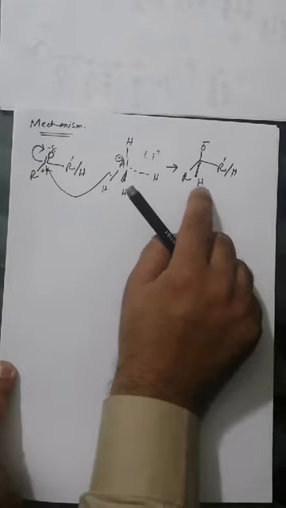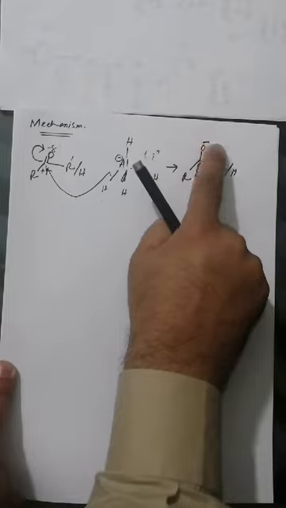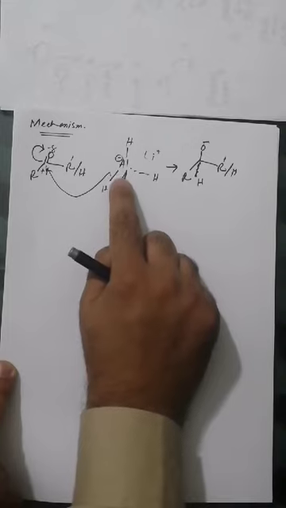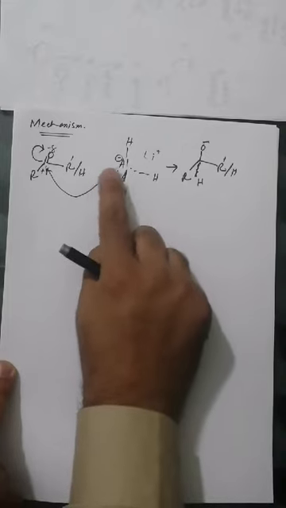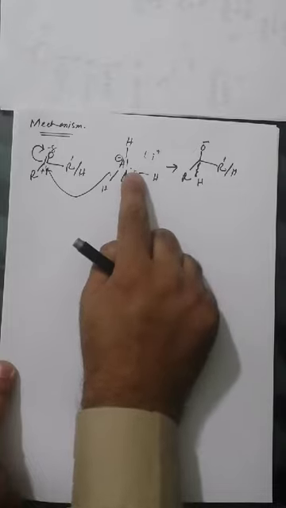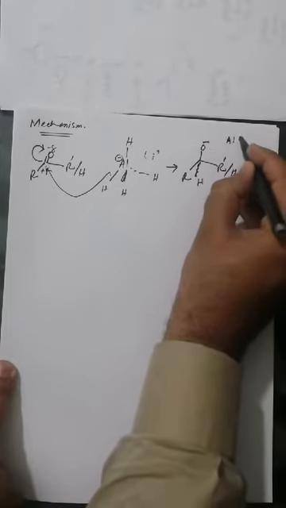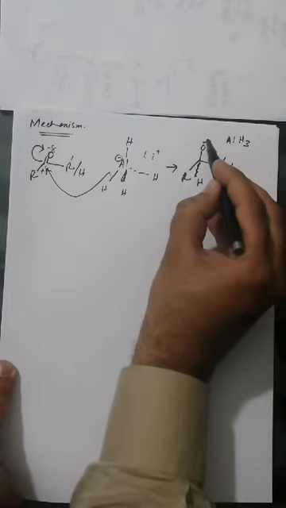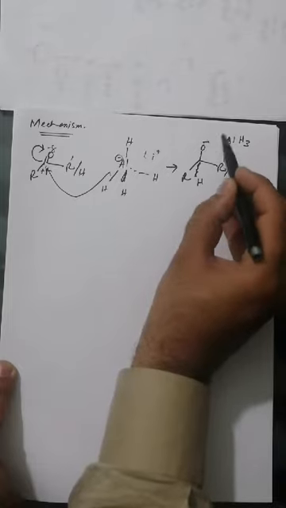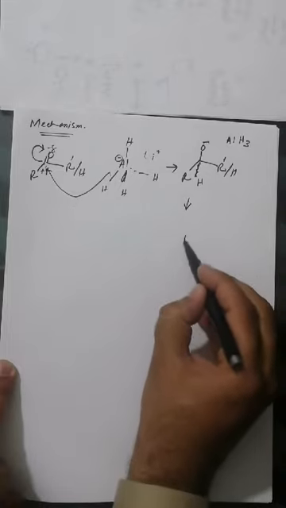You will have to assume that it could attack from both sides, and oxygen now gets negative charge. When aluminum hydride releases the hydride ion, it becomes AlH3, so its empty pocket becomes available, where this oxide ion donates its pair of electrons to this aluminum. So what happens, you get this intermediate.